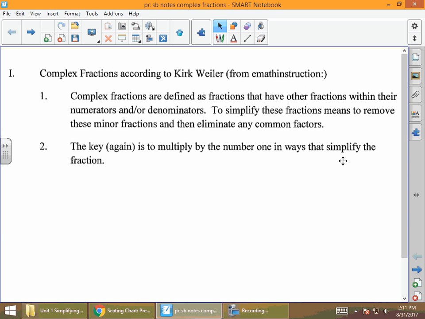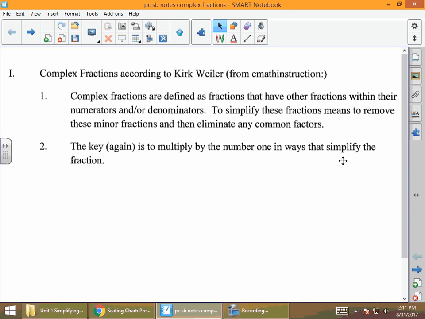So I am referring to how he defined it, which is complex fractions are defined as fractions that have other fractions within the numerators and denominators. So they're fractions that are within an overall big fraction. That's what a complex fraction is.